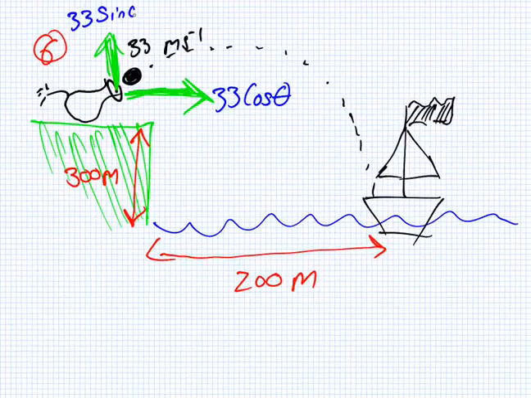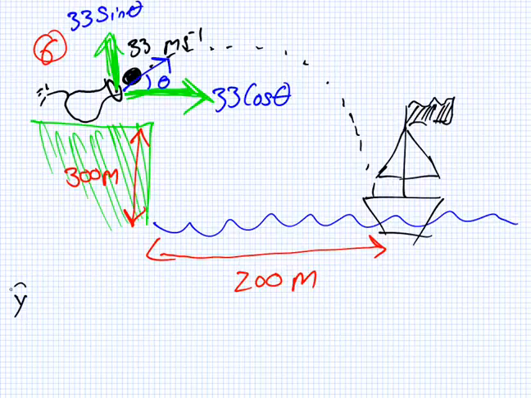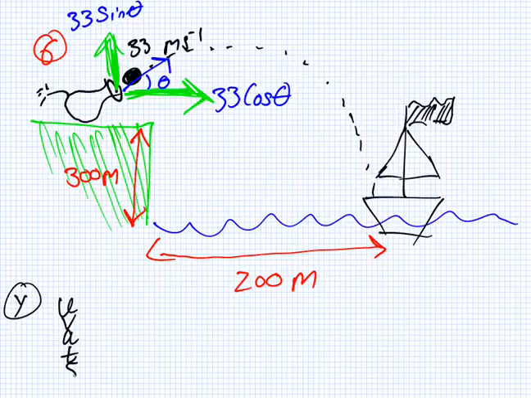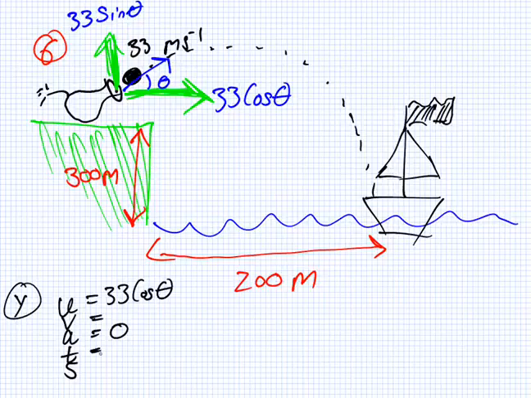5. A diver jumps from a high board which is 3 meters high, her angle is 60 and her speed is 5. What's her maximum height? Okay. So we have a high board, and this is 3 meters, and you climb up, and then you jump.